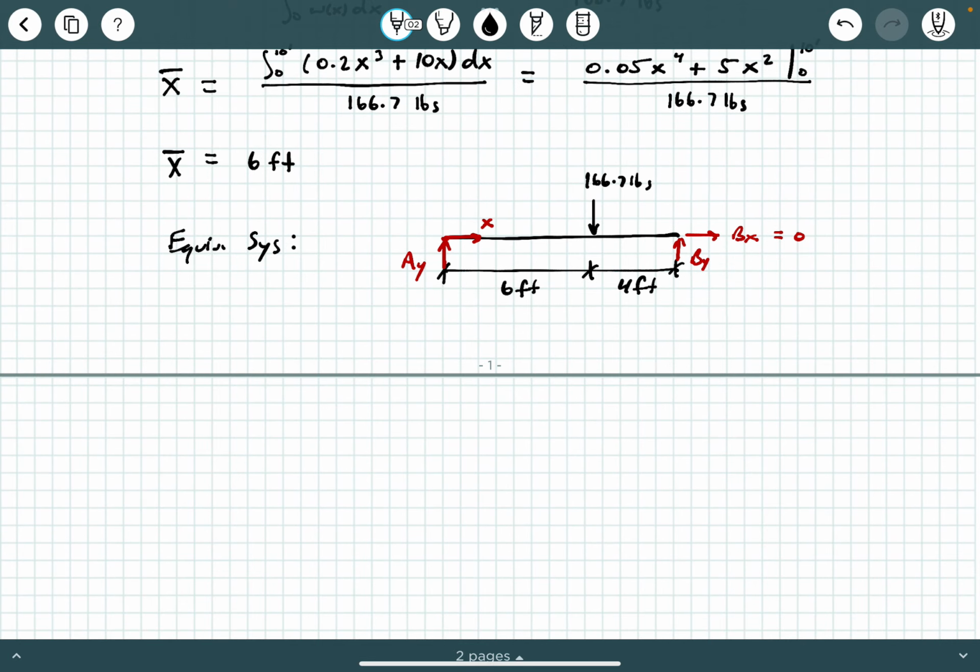So from here, all we've got to do is apply some equilibrium equations. So I can say sum of the moments about point A equals 0, taking counterclockwise positive. And in doing that, I'll have negative 166.7 pounds times 6 feet, and then plus BY times 10 feet equals 0. We'll do a little bit of rearranging here.